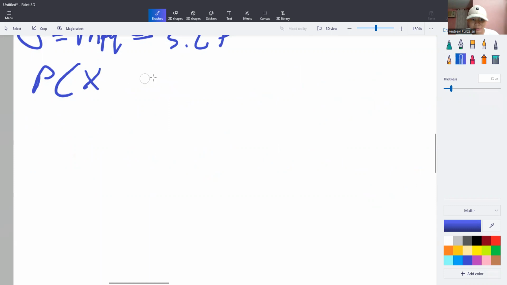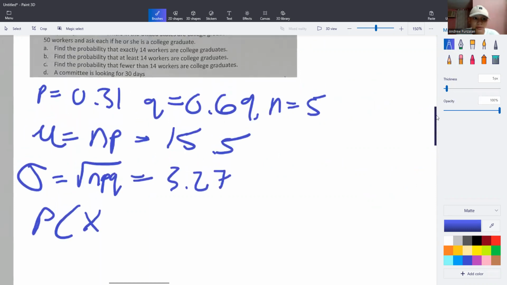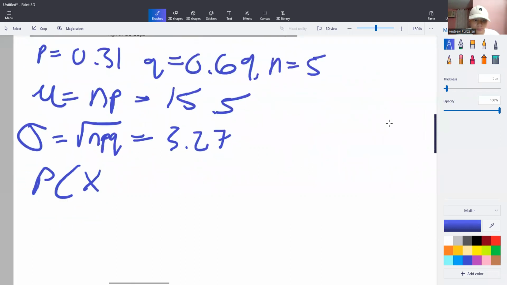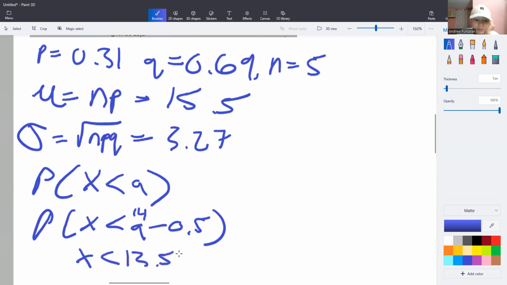For letter C, it says find the probability that fewer than 14 workers are college graduates. So since it's fewer, our sign will be less than this time. Our formula here is P of X less than A minus 0.5. Our A is 14, and if you subtract 0.5, it's 13.5.